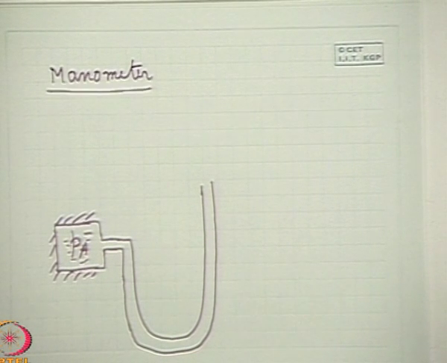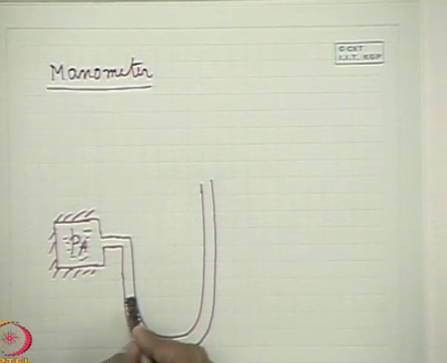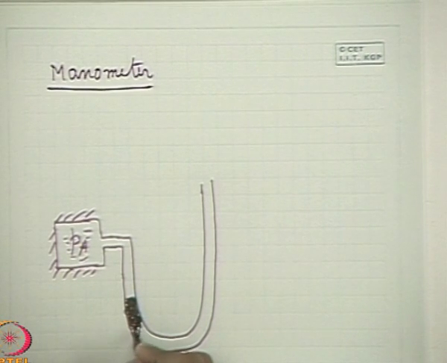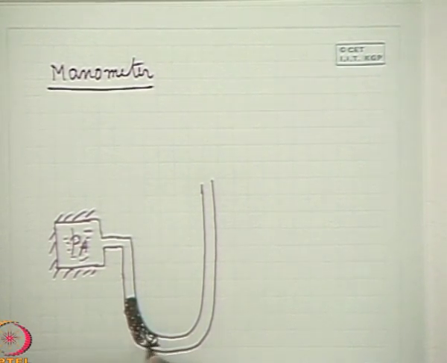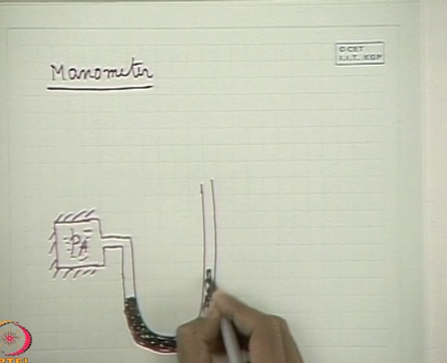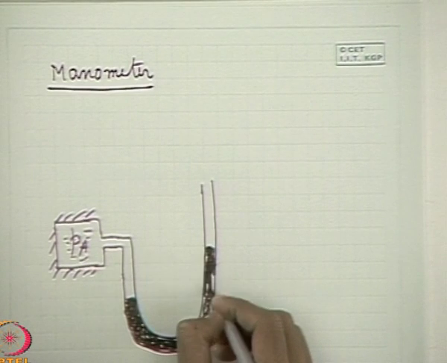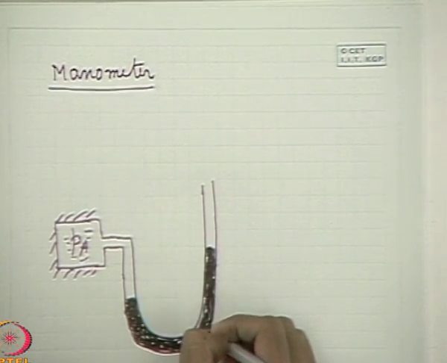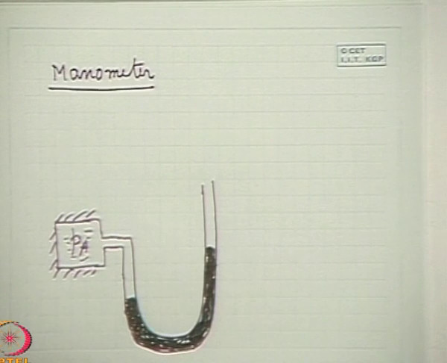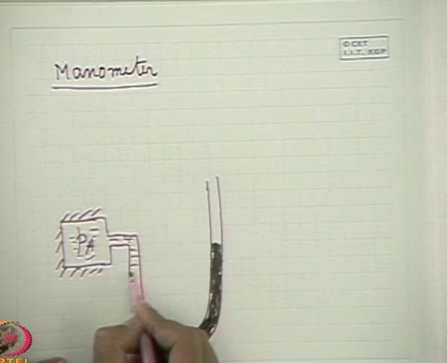And what happens if the pressure is very high? We take the advantage of another high density liquid which is filled in this tube. So if it is attached to a system having a high pressure, this liquid here will be pushed down.